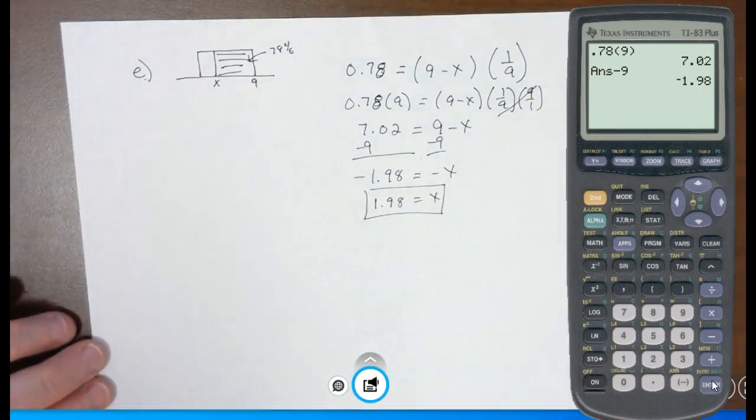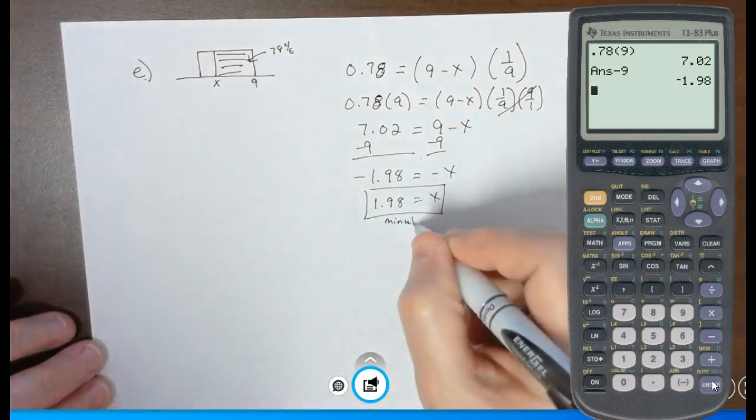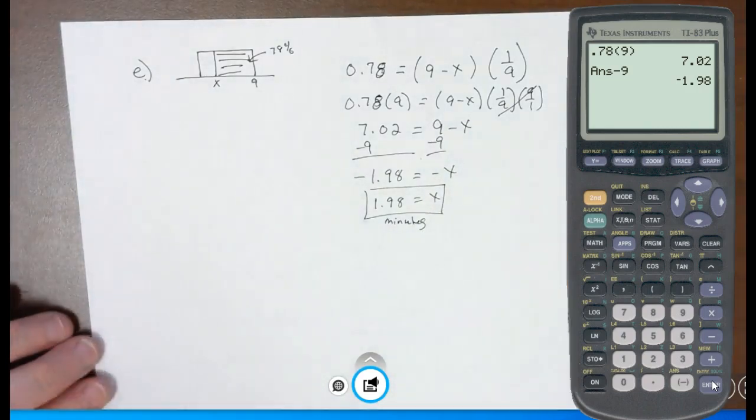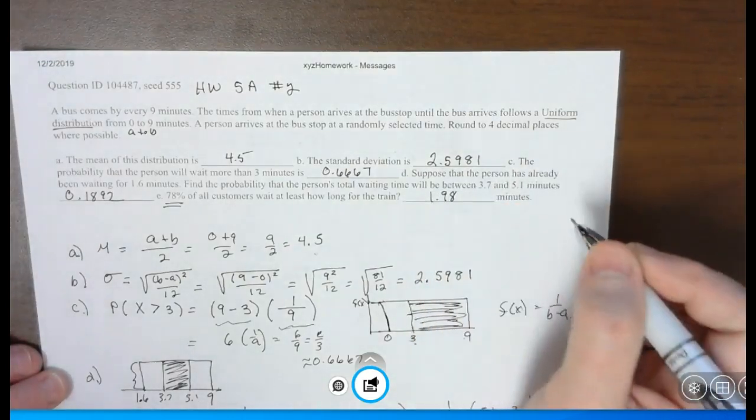So at least 78% of the customers wait at least 1.98 minutes. And I'm going to just write that in there, minutes. So as I flip back, I will put my 1.98 minutes in my blank.